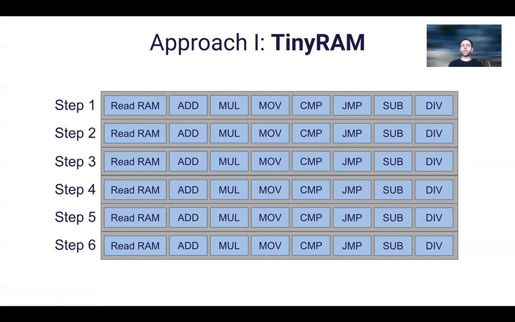And at each of these steps, what we're going to do is we will read the inputs and the opcode from the program counter. And we will do all of our operations. And then we will select the result of only the one operation which actually is supposed to be executed at this step.